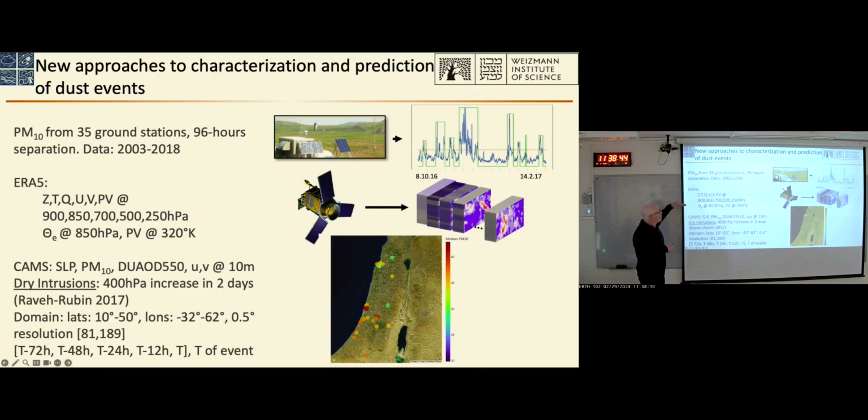Then you can have maps of all the parameters: winds, temperature, relative humidity, different pressures, the PV, etc. We can also use sea level pressure, PM10 concentrations, and remote sensing.